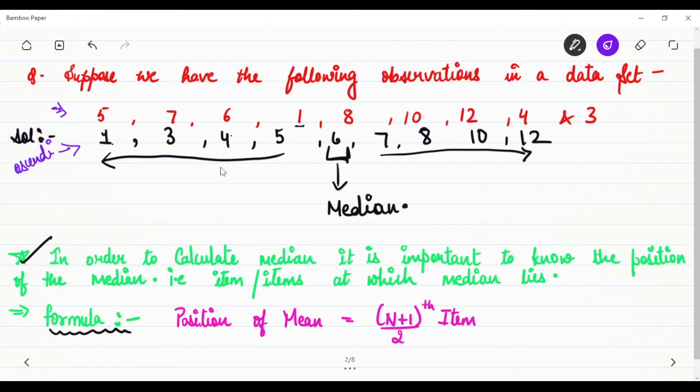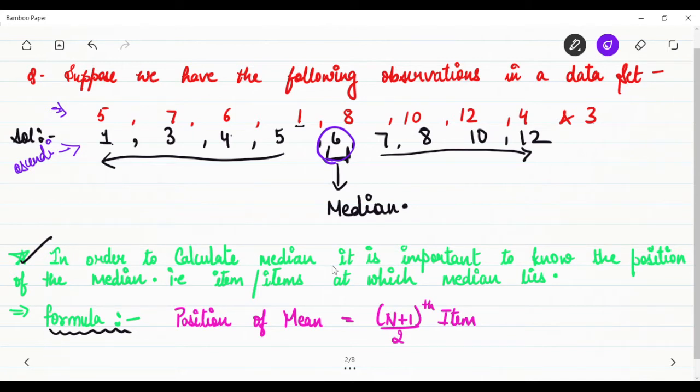This is the ascending order of the given data, and you can see the median here according to the definition is 6, because above it all the values are greater than the median, and below it all the values are lesser than the median. And this was told by the definition.